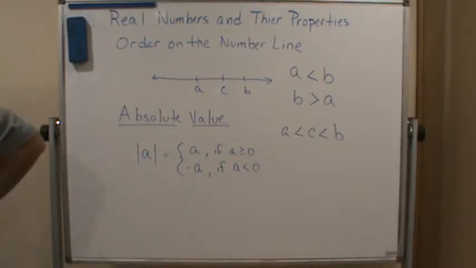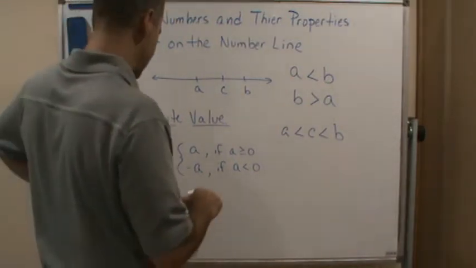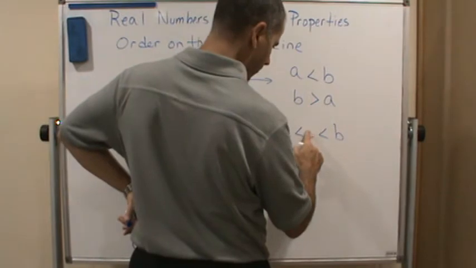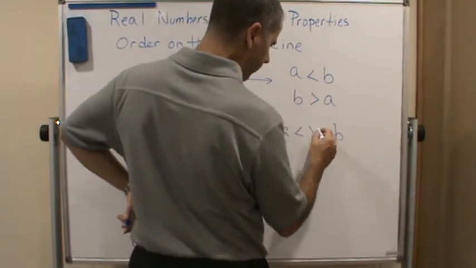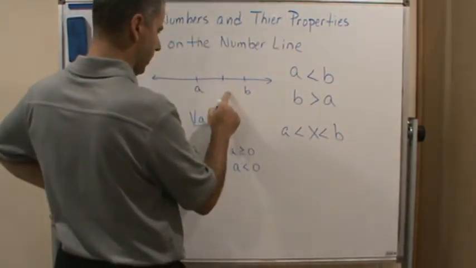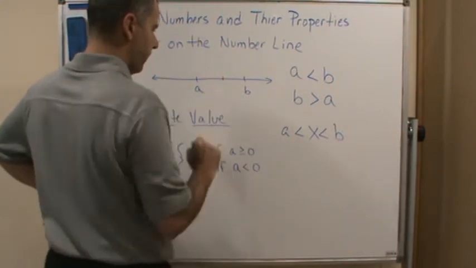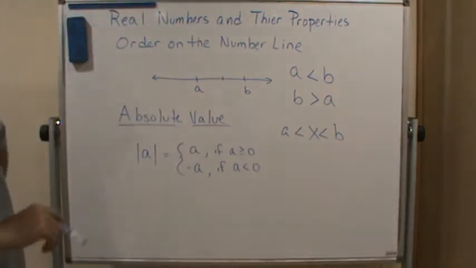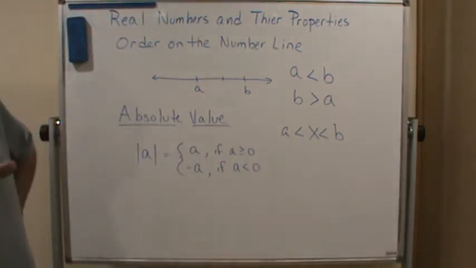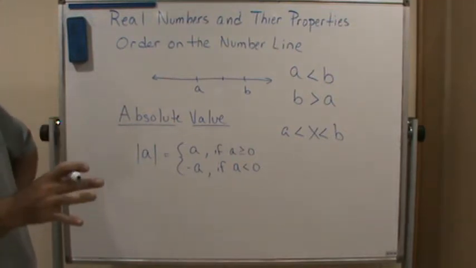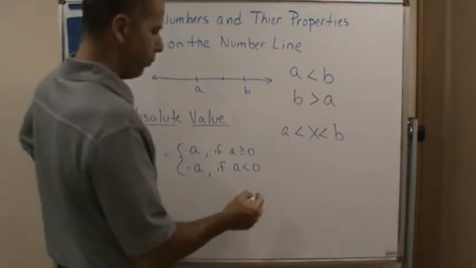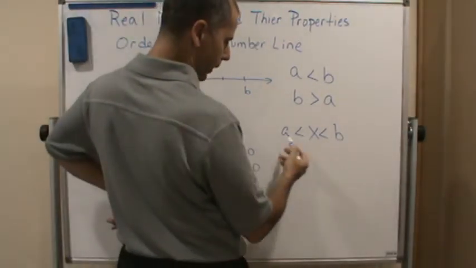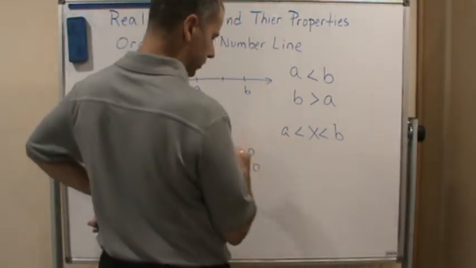Now, if I'm interested in a range of values, let's say X, and I'm interested in all the values of X that are between A and B, and including A and B, I want the possibility that X can equal A or B. This is between, so this does not include.